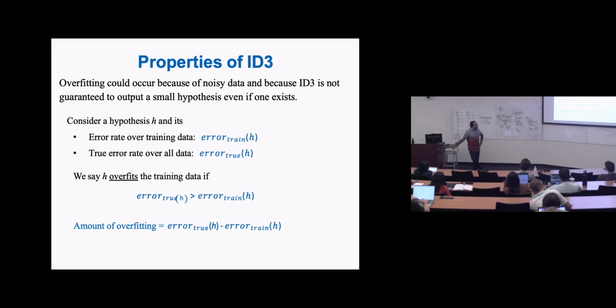So we want a hypothesis or a tree that has the minimal error rate on the true data, on the true world. And nobody knows what is true, because we are limited as humans. We have limited sensors. We are not omnipotent. We don't know everything.